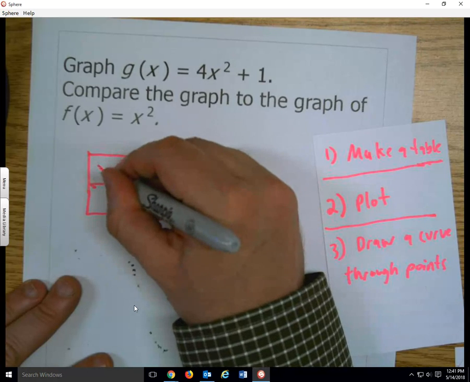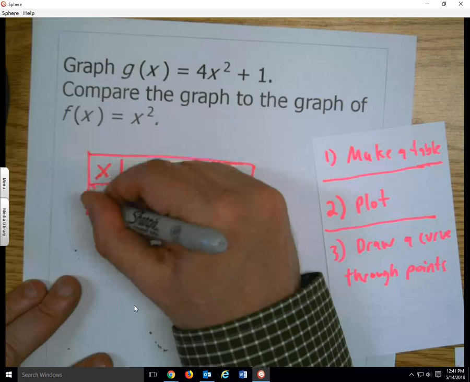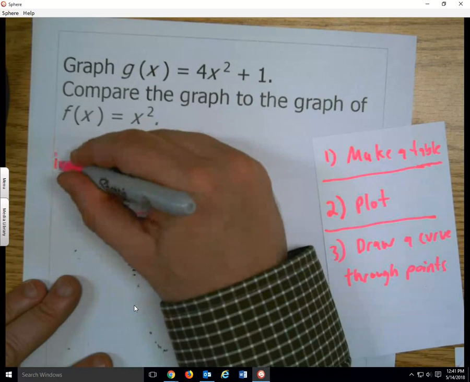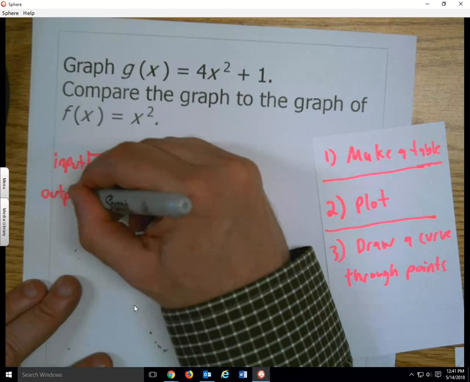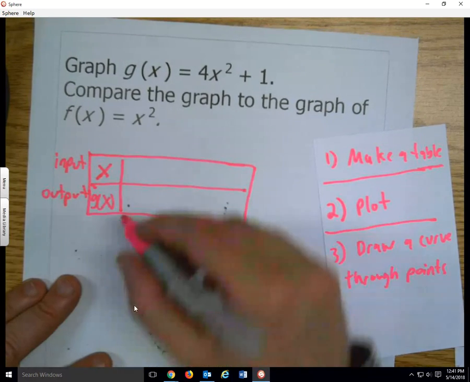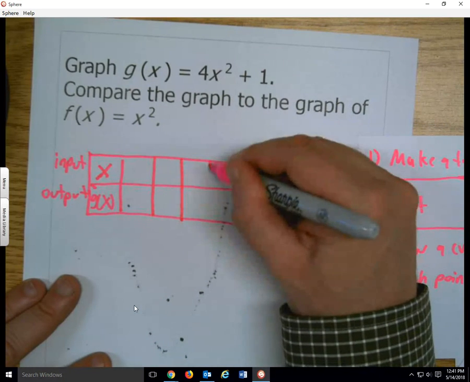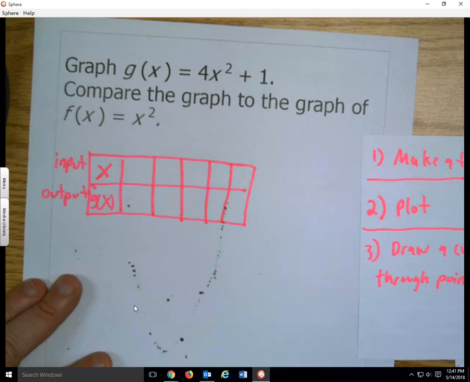So we have our x and then our g of x, with x being our input and g of x being our output. Let's go ahead and put some numbers in there and see what we get. It's true that you can choose any numbers you like, but I like to stay consistent.